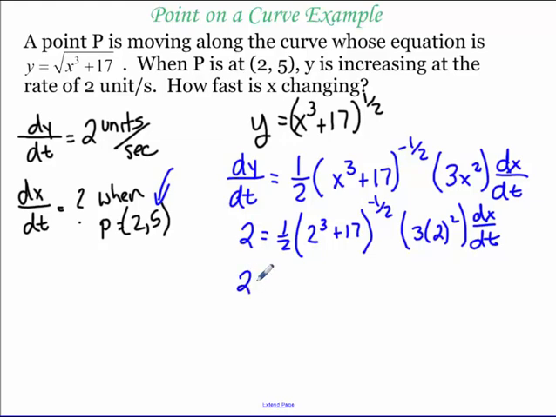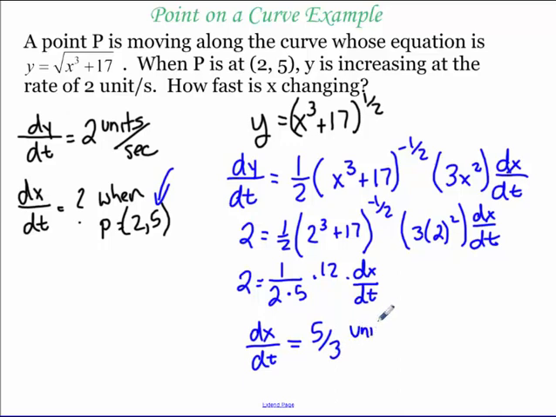So I have 2 equals 2 cubed plus 17 square rooted on the bottom is going to be 5, times 3 times 4, 12 on the top, dx dt. So solving for that, dx dt is going to be equal to 5/3 units per second. And that's how you would do an example where we have a point on the curve.